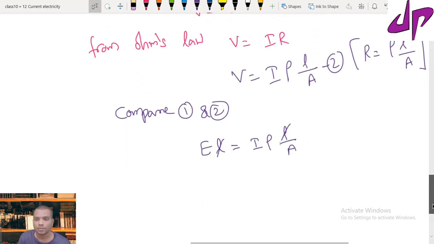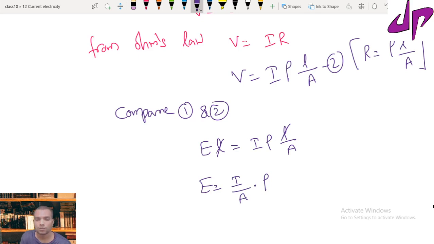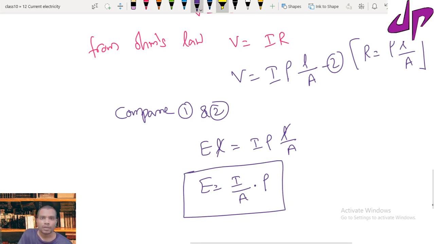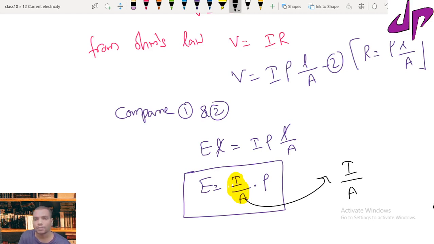Writing the leftover terms, E equal to I upon A times rho. Here we define one more quantity in terms of I upon A, which is current per area.